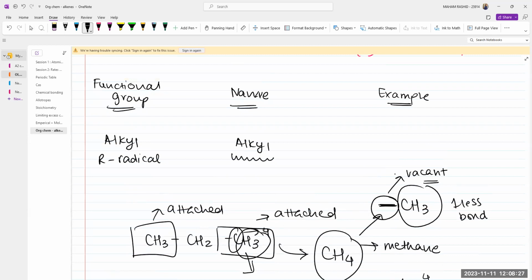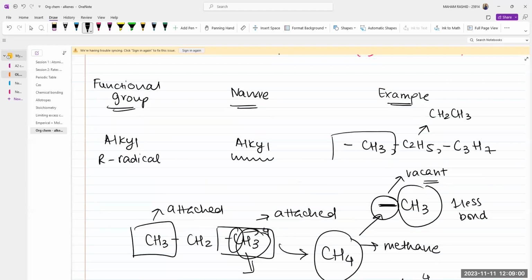So basically, when I say I have a CH3 or a C2H5, what is a C2H5? C2H5 is CH2, CH3, right? Or if I have C3H7, this is also an alkyl group because my hydrogens are 1 less.